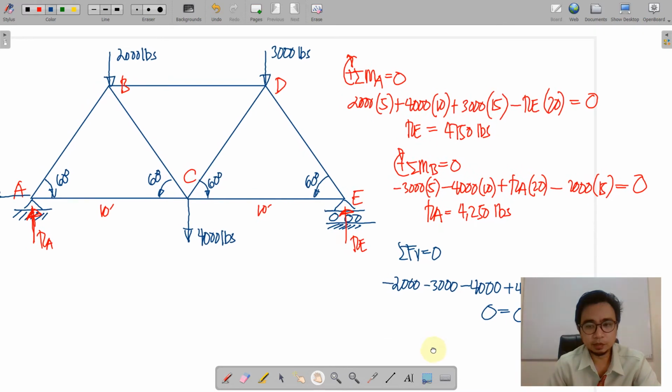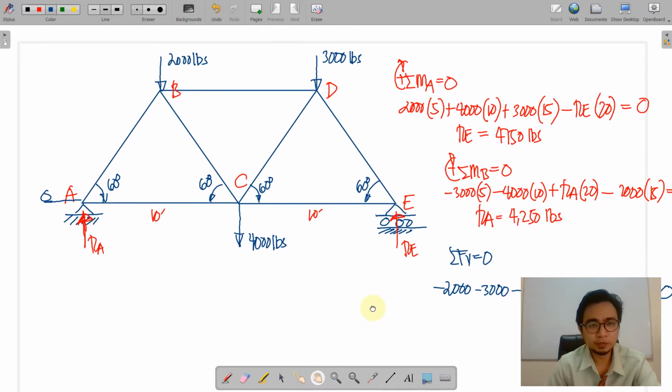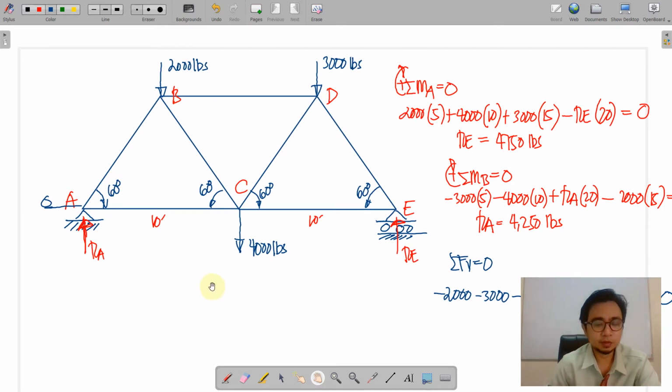So this is done by the joint method for the meantime. Of course, we have introduced how to do that. We go joint per joint, but we do not have to illustrate an x and y axis for each of the joints. We'll just utilize horizontal forces, that is horizontal, vertical, and a diagonal.